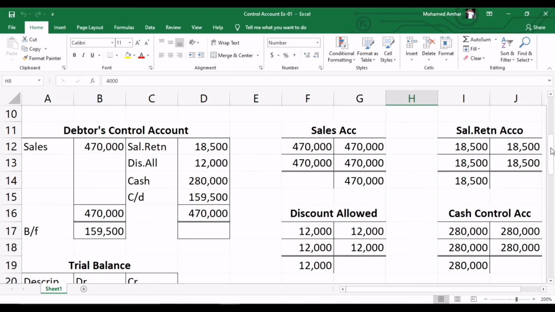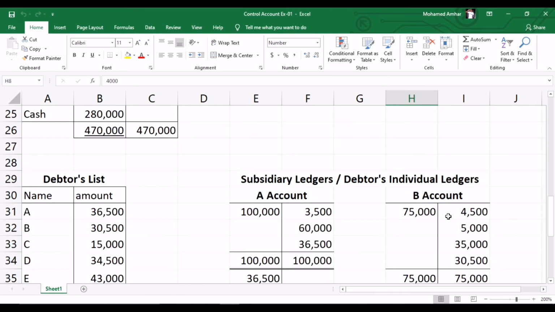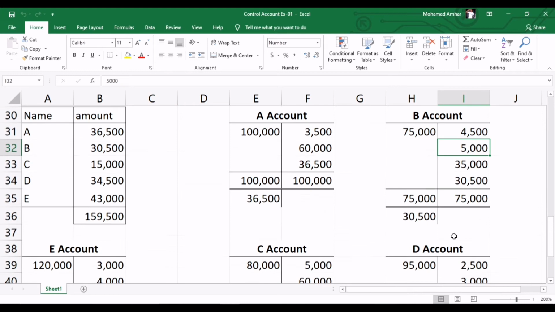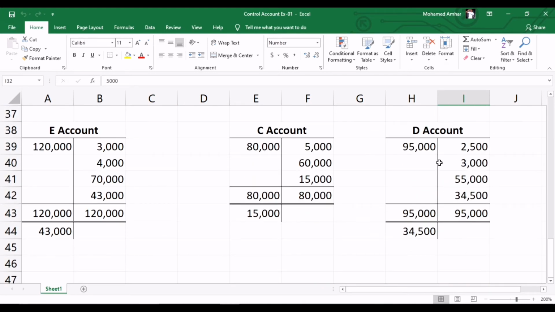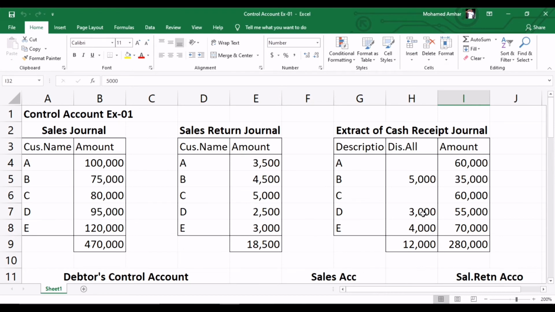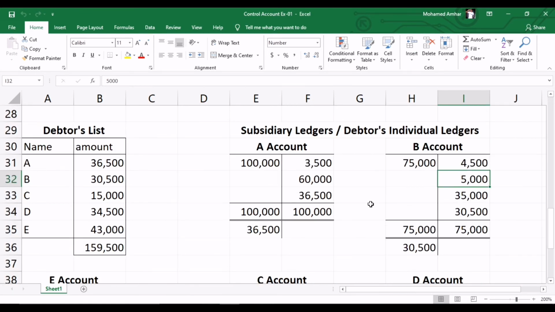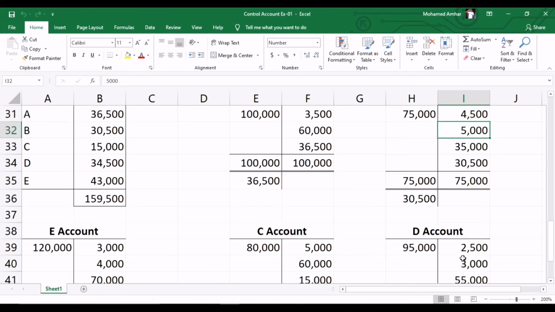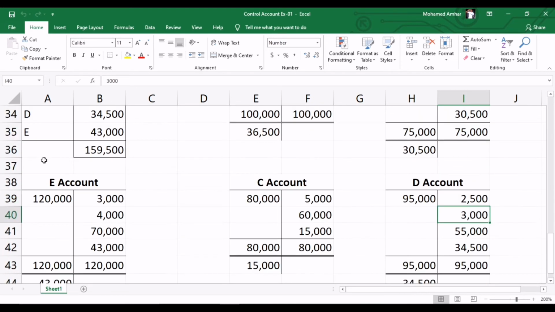See, B 5,000, D 3,000, so D account 3,000 and E account 4,000. We credited one by one.